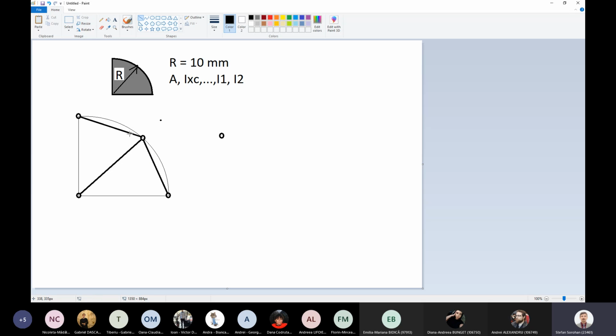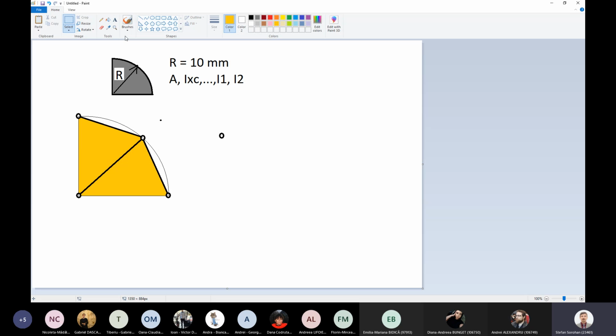Of course, I will neglect this area here, because using this kind of mesh I will have only these two elements. Neglecting this part is not so good, but later, if you want, you can put more nodes here and here and improve the mesh. More nodes means a better mesh, and a better mesh represents the initial area better. But let's keep this one.